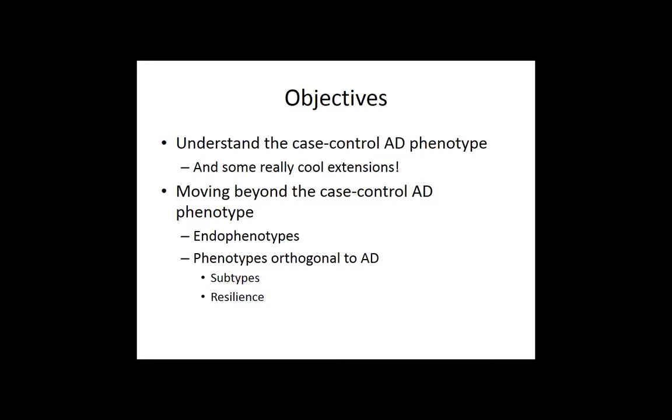And then moving beyond the case control, where we've talked about phenotypes that are continuous analogs of disease state, endophenotypes, and then phenotypes that are orthogonal to that with subtypes as one category, with the delusions among people with Alzheimer's disease, and then my crazy Melvin idea, and then the resilience idea as another thing.